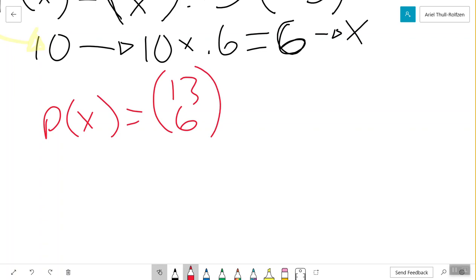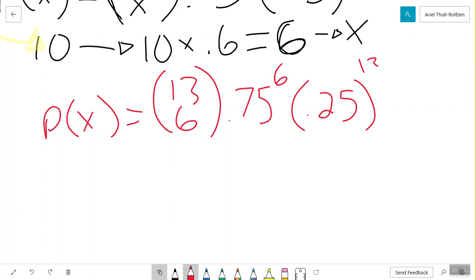I'm plugging 6 in wherever there was an X, times 0.75 to the power of 6, which is our X, times 1 minus P, or 0.25, to the power of N minus X. And 13 minus 6 is going to be 7. So we can just say 0.25 to the power of 7.